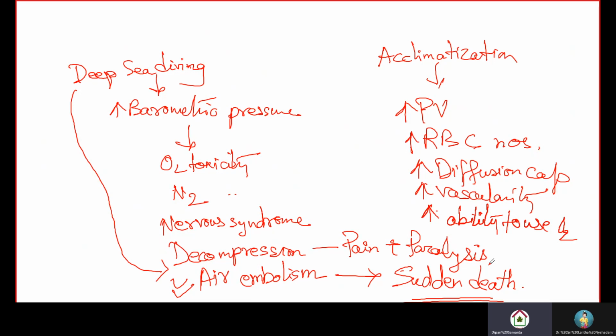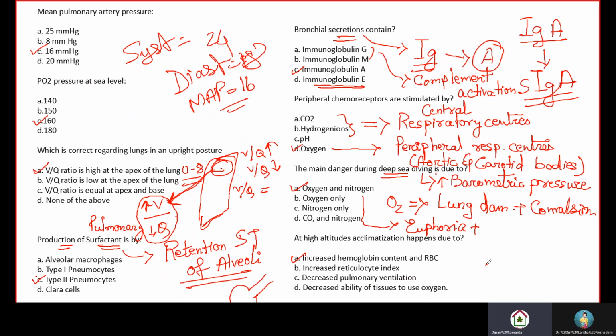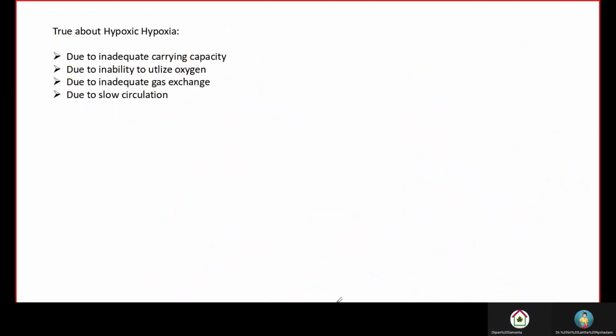So acclimatization is done when climbing a mountain, and slowly the climbers climb the mountain to acclimatize. During the process of acclimatization, these physiological changes occur. So the answer is increased hemoglobin content and RBC, not the other options.